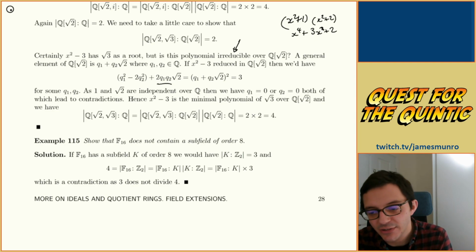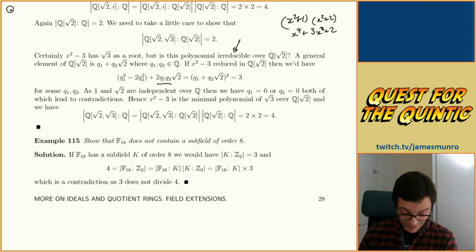F16, a field I've been ignoring so far. F16 has a subfield K of order 8, which is 2 cubed, and so, oh gosh, finite fields. So this degree 8 thing would be a vector space over Z2.